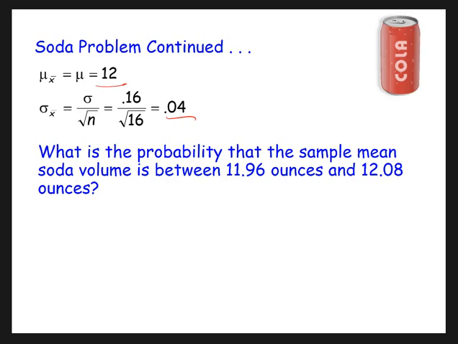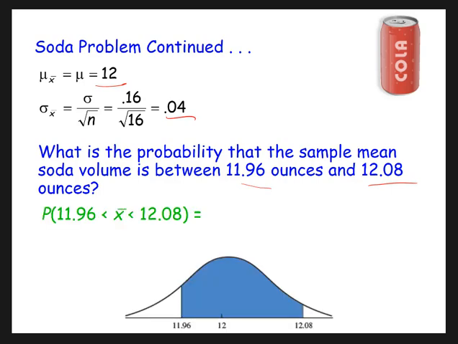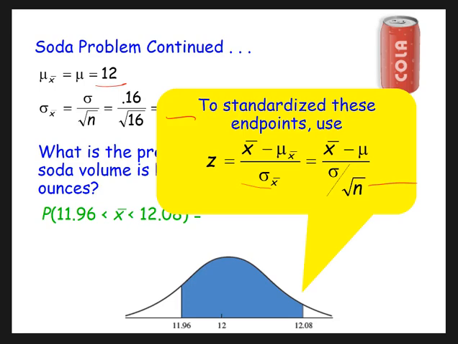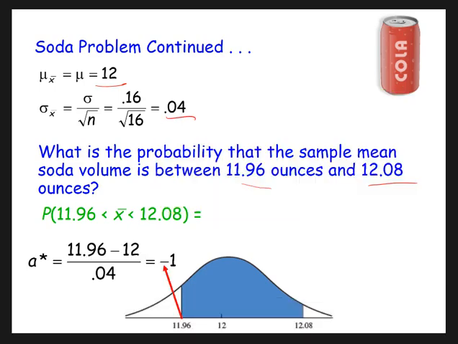So the probability of being between 11.96 and 12.08 is going to be that probability based on a mean of 12 and standard deviation of 0.04. We use that because it is a sample mean, not an individual value. If we were selecting an individual value, the z-score would use the 0.16, which is the population standard deviation. But since it's a mean of a sample of 16, we're using the standard deviation from the sampling distribution.